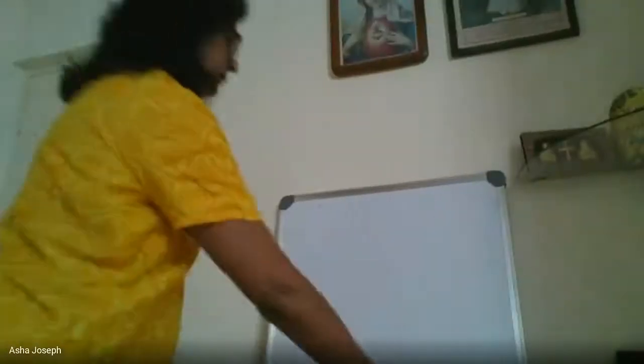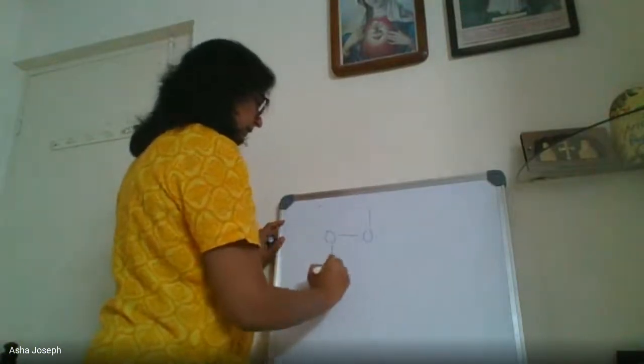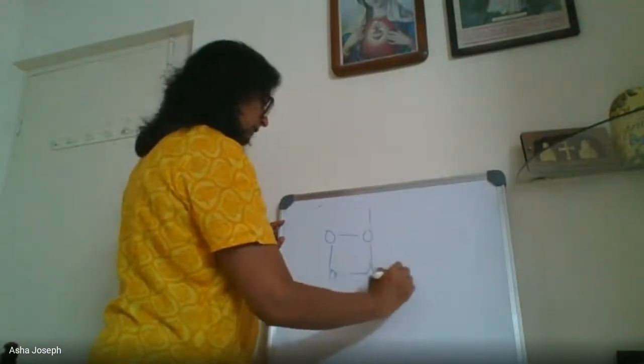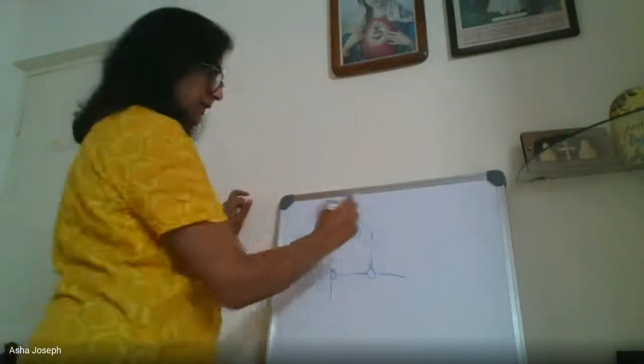I will go to the board. Can you see the board? Yes, ma'am. Okay. So this is the catalyst surface. These are the free valencies.